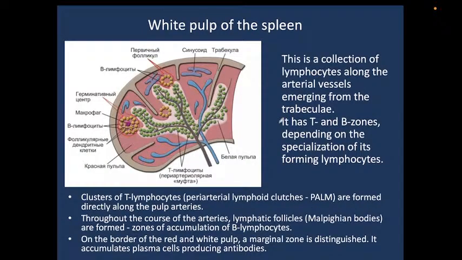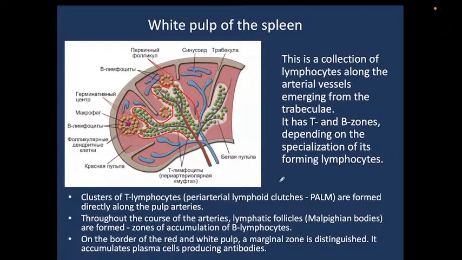White pulp is a lymphoid tissue located along arterial vessels. These are like green cells located around the artery, and we distinguish T and B zones depending on the specialization of their work.